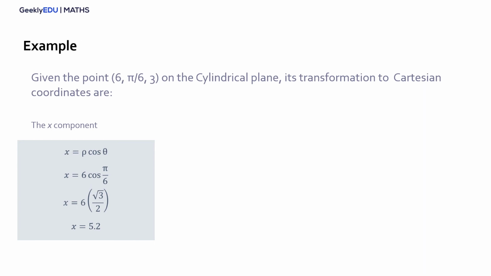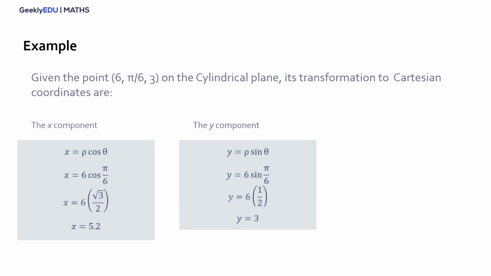Now, to get the y component, we are going to use the equation y equal to ρ sine of θ. We are going to substitute the values again. Now, y is equal to 6 multiplying the sine of pi divided by 6, and sine of pi divided by 6 is 1/2, so y is equal to 3.